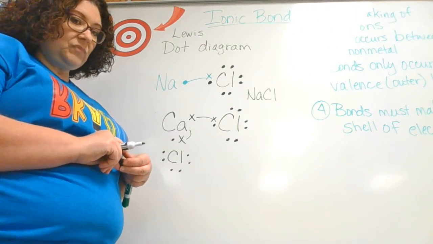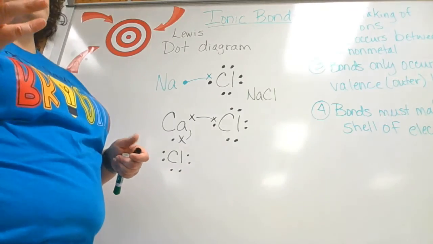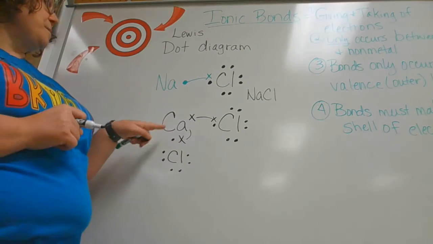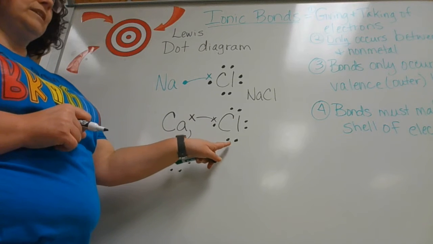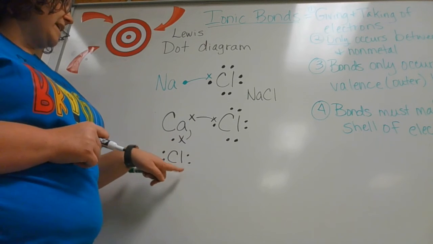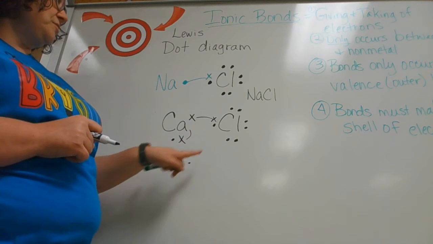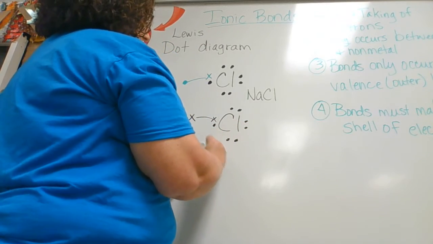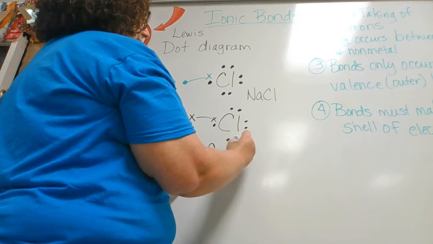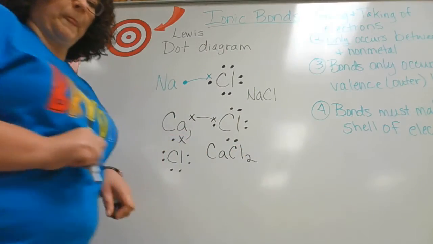Okay. Now let's look and see the reverse, where you might need to use 2 of these and only 1 of these. Okay, oh, and by the way, because you've got 2 Cls right here, your formula for this is going to be CaCl2.